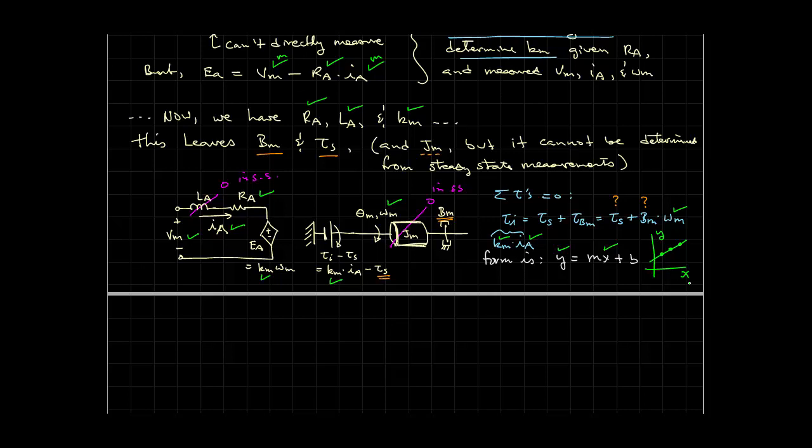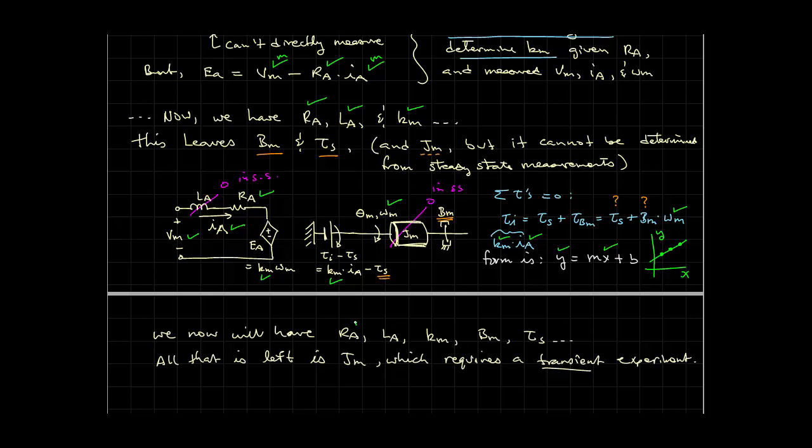So I think I'll leave it at this, and after you've successfully completed this part of the experiment, you will have in hand the following parameters: Ra, La, Km, Bm, and tau s.